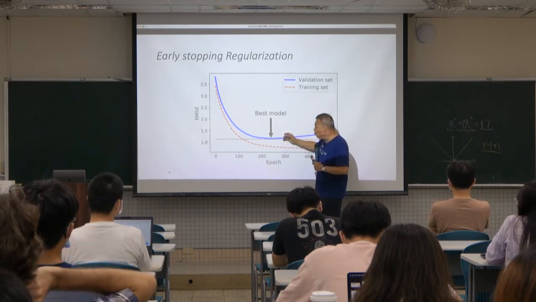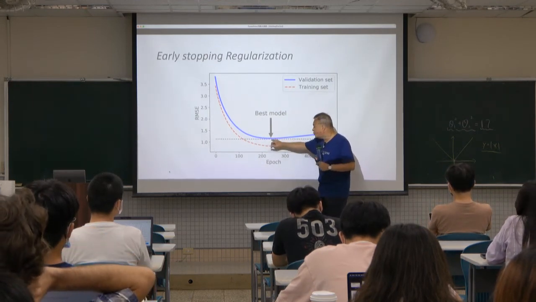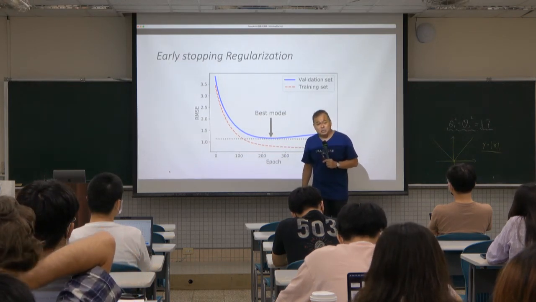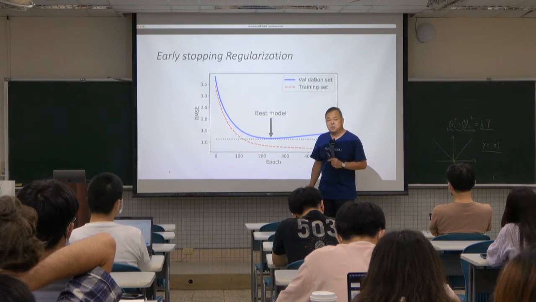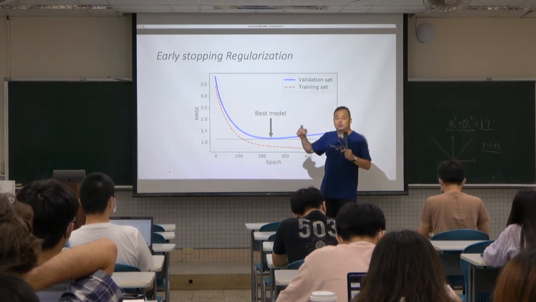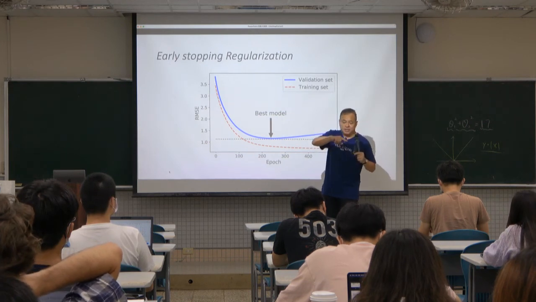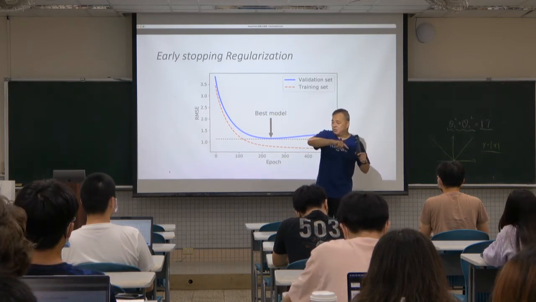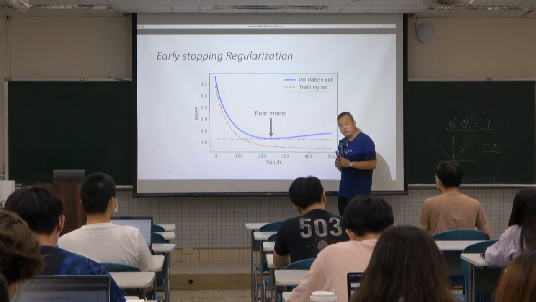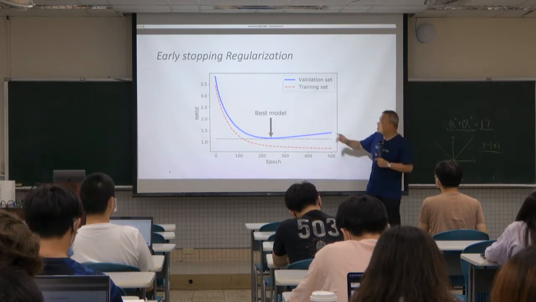You will have saved a copy of the best model so far for the validation error, so you restore that model back and use it as your training result. This is called early stopping.